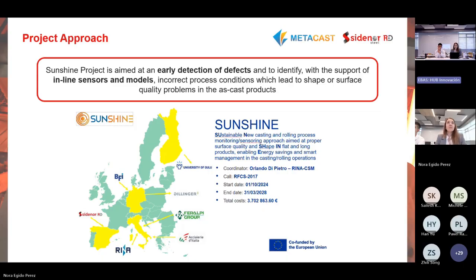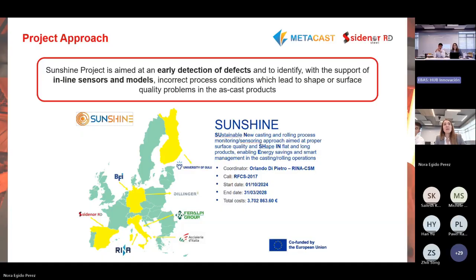So the Sunshine project aims at early detection of these defects and to identify, with the support of inline sensors and also models, incorrect process conditions which might lead to these kinds of defects, which can affect shape or surface quality, in scarce products.